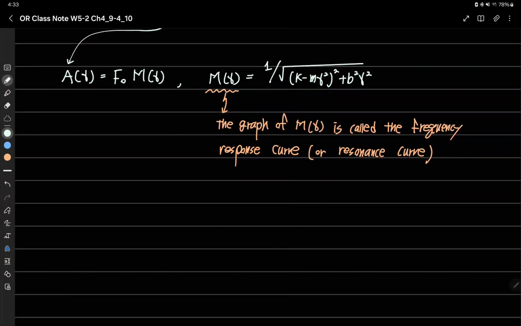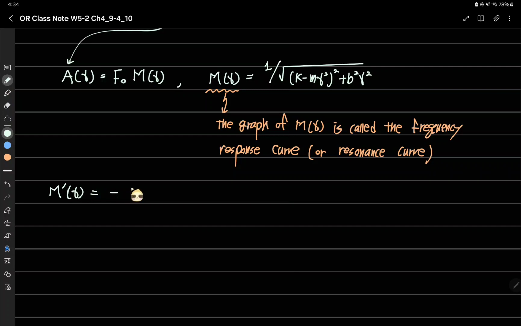To understand the graph of M of gamma, we'll adopt calculus. We'll try to find the local maximum and minimum, and in what intervals the function is increasing or decreasing. So we need to find M prime, because we need to figure out the critical points.